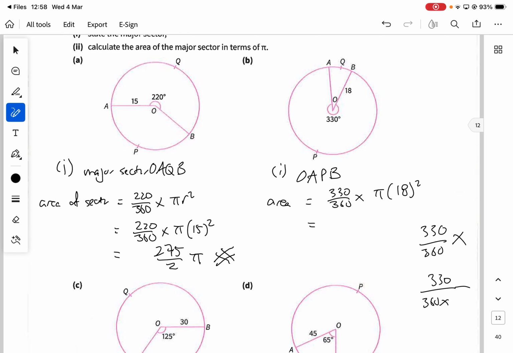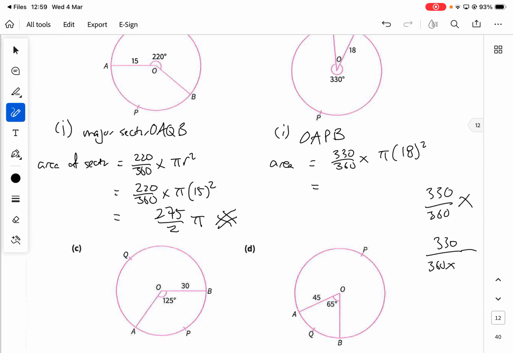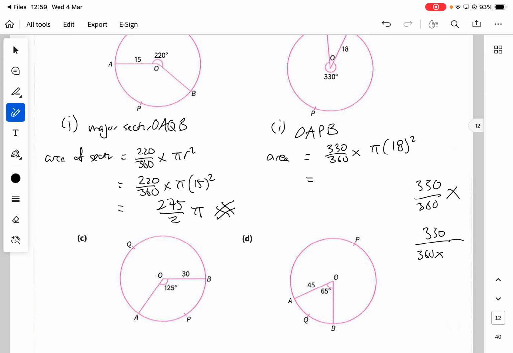You know that just now with A, right, is 275 over 2 pi? But the answer key says 87.5 pi. Area of major sector 220, then the answer key is wrong. Yeah, the answer key can be wrong.